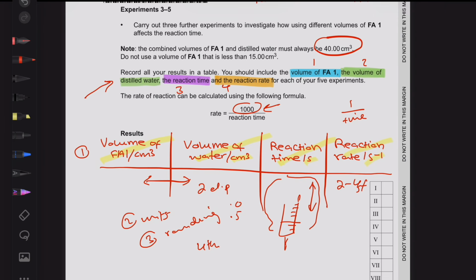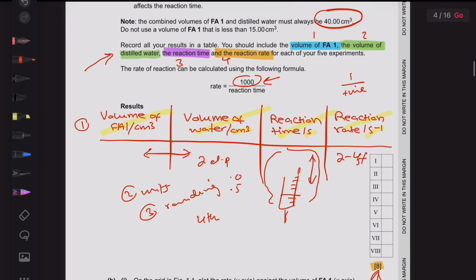So as you can see, you need to be really reasonable. You need to be aware of the limitations to the apparatus. So you can either do this beforehand and save yourself the worry or the uncertainty, or you can actually take a look at your apparatus and think to yourself, what can I measure to the nearest? Is it to the nearest centimeter or to the nearest half a centimeter, etc.?